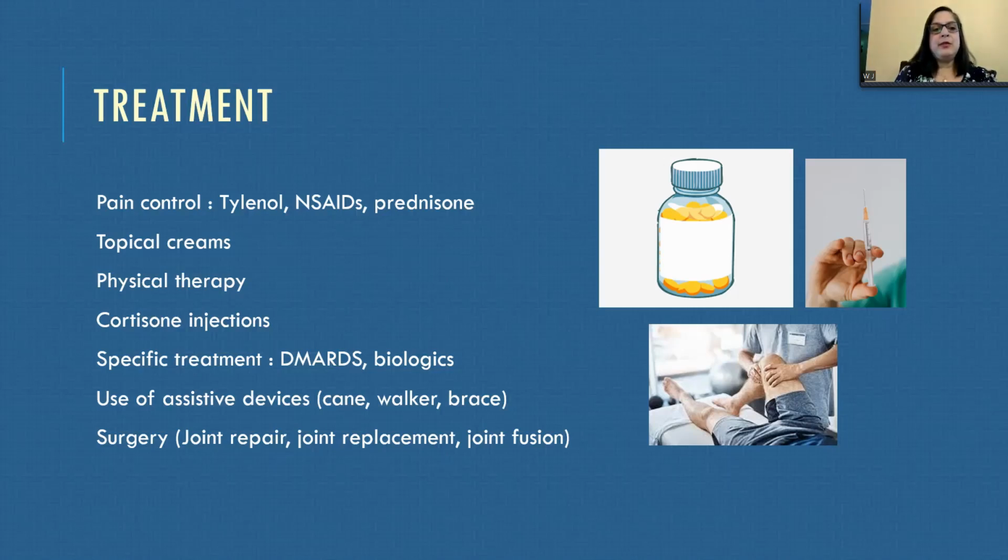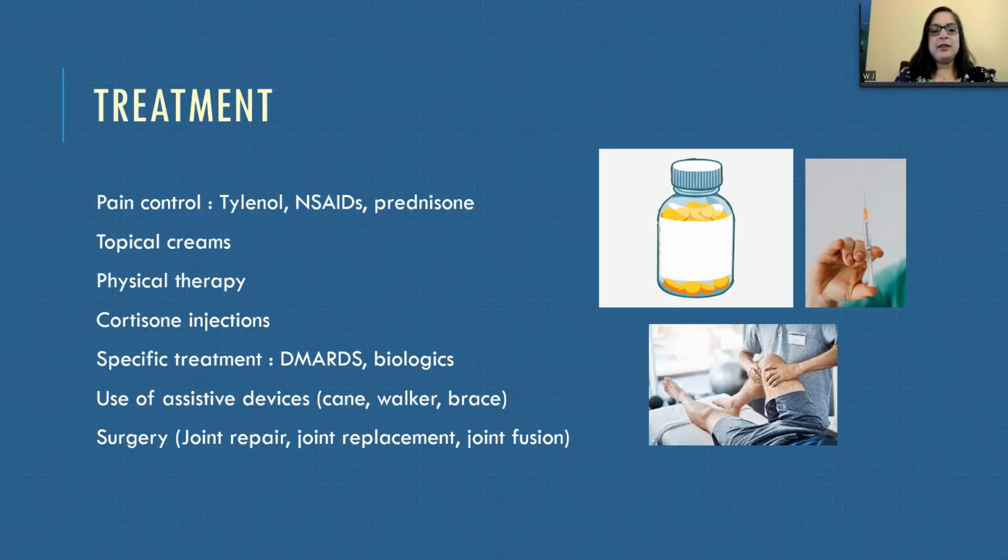The medical management with specific treatment for inflammatory arthritis includes what we call DMARDs. So DMARDs are disease-modifying anti-rheumatic agents and are prescribed by the rheumatologist.